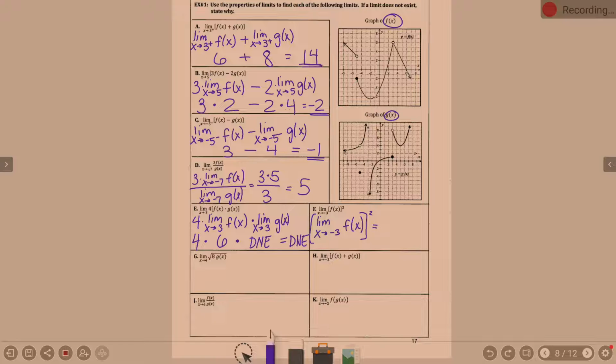So it is the limit as x approaches negative 3 of f of x. 6? Negative 6. Unless you said it and I missed it. But yeah, get the negative in there. But negative 6. Then what are we doing? Squaring it. What is negative 6 squared? 36.